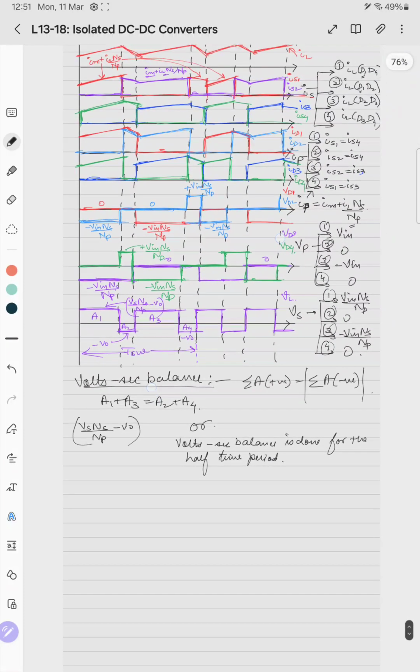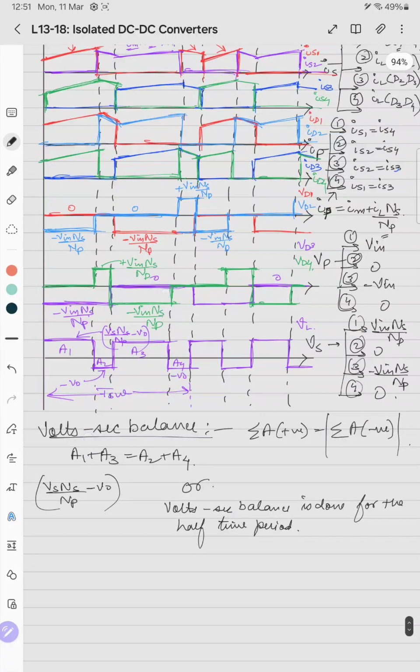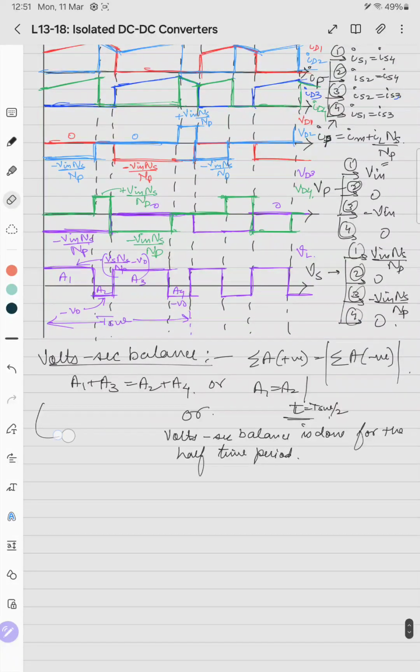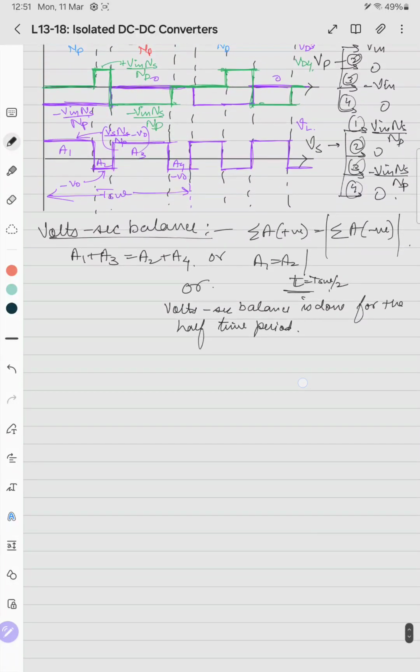Why? Because we can do either A1 plus A3 is A2 plus A4, or we can do A1 equals A2. But in that case, T will be T switching by 2. That is the trick. We can do both the cases.